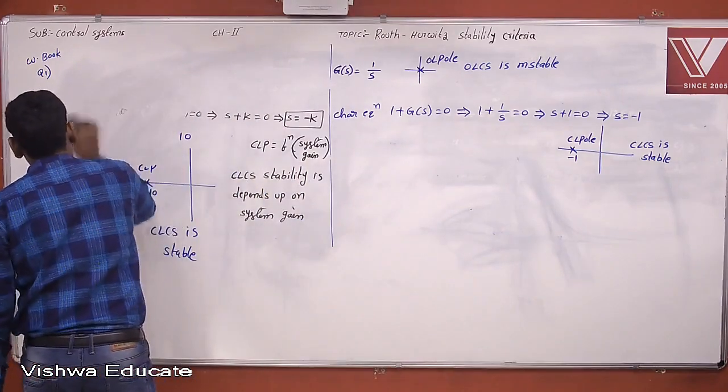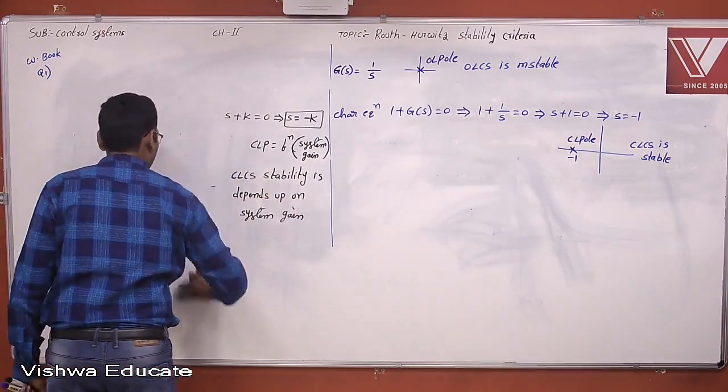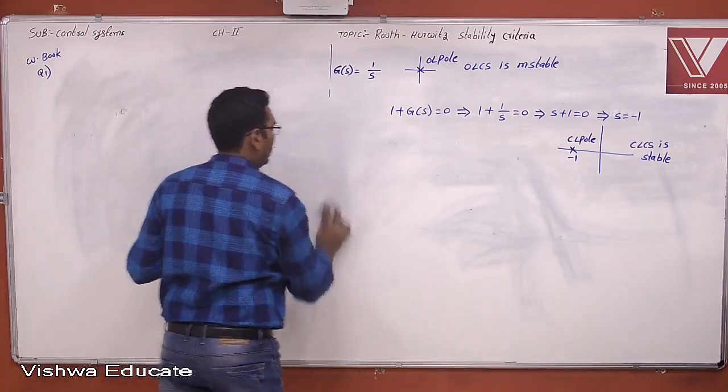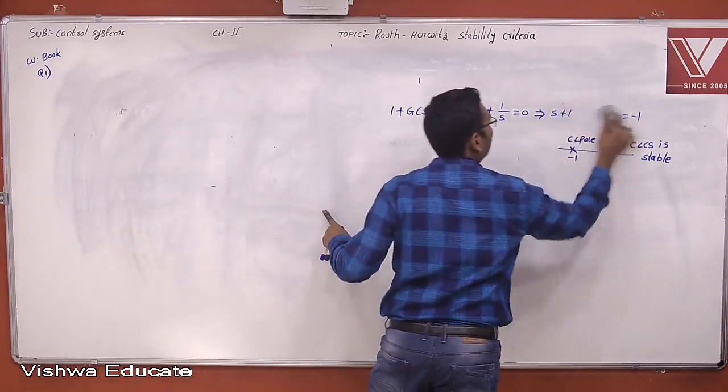With this example, what we can understand is that when system gain k changes, closed loop control system stability changes, because pole location is a function of system gain k. Is it right or not?